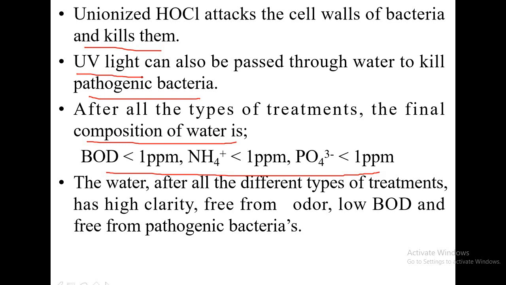The water, after all the different types of treatments we discussed, starting from primary, secondary, and tertiary, has high clarity. It is absolutely free from odor, because we have removed all the odor causing gases from the water. It has low BOD because we have subjected it to secondary, that is biological, treatment.